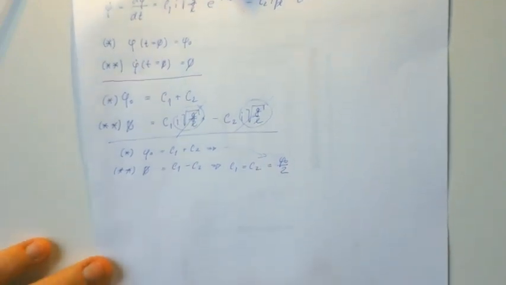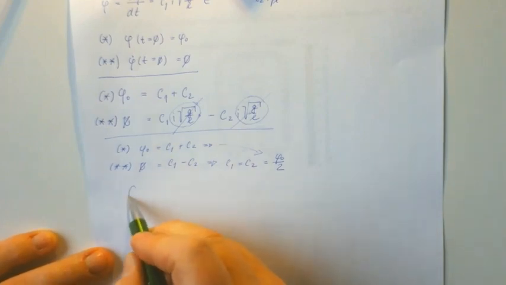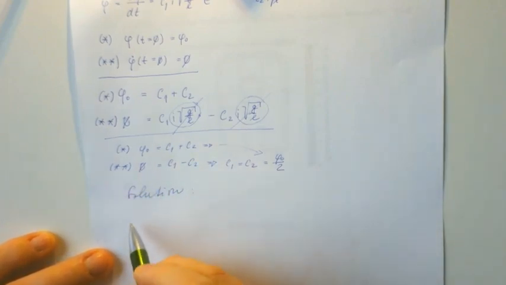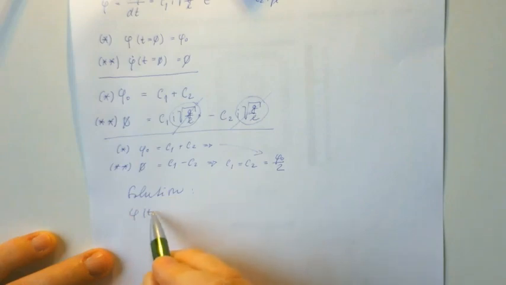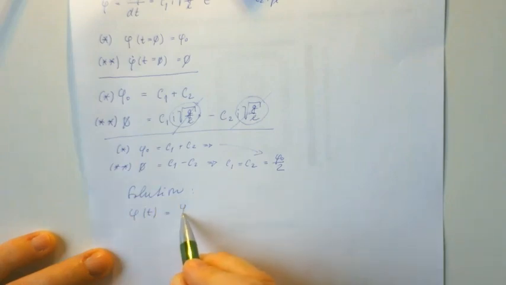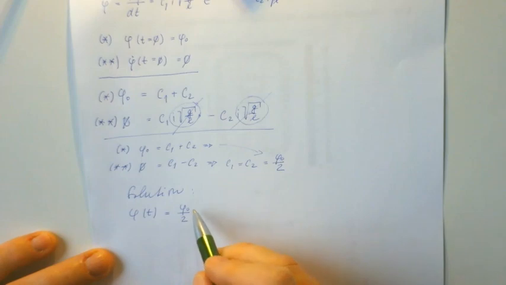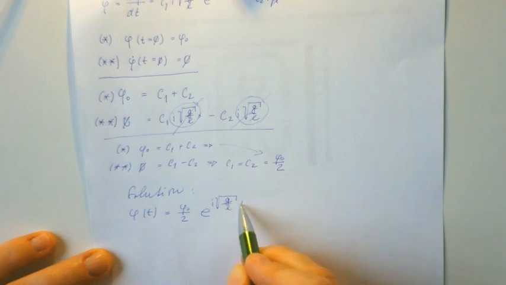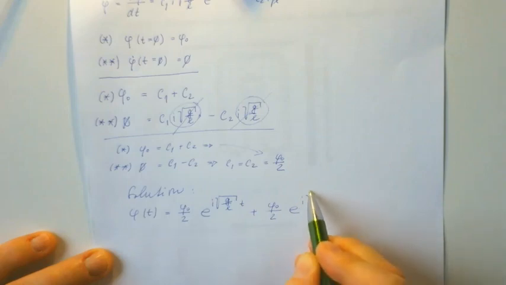Okay, so now we can write the solution. The solution is phi in time equals phi 0 over 2 times e to the power of i square root of g over L times time, plus phi 0 over 2 times e to the power of minus i square root of g over L times time.